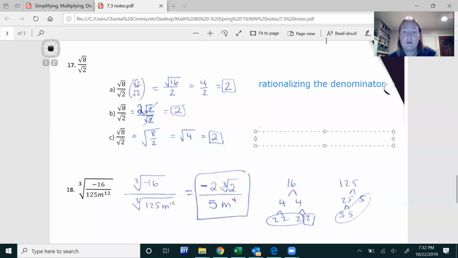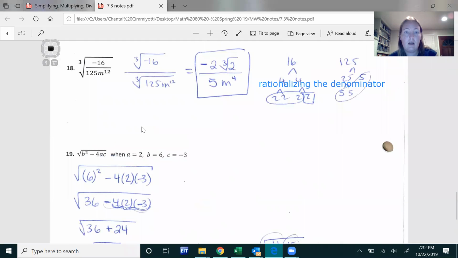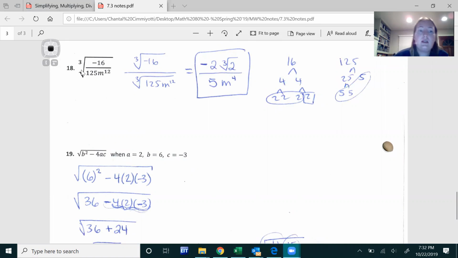Number 18 is the cube root. So we can't really do much with 16 and 125, so we can take the cube root of the numerator and the denominator.